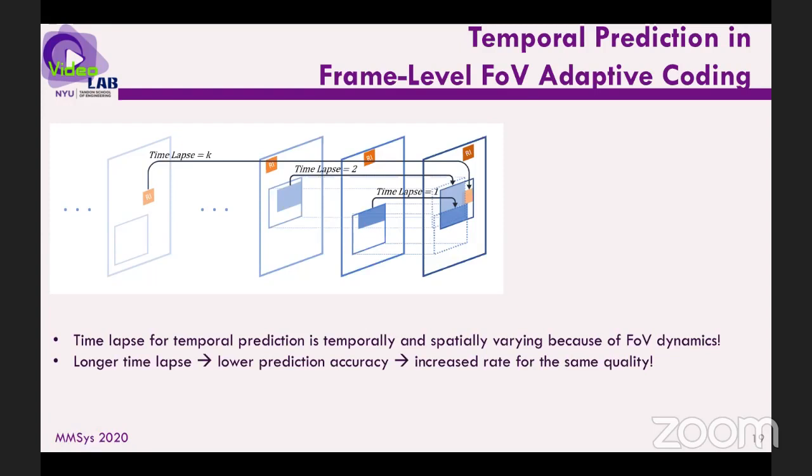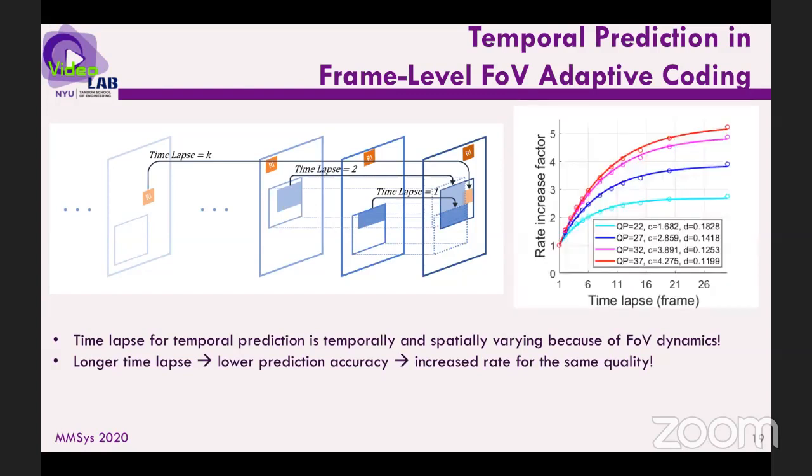A longer time lapse will lead to lower prediction accuracy and hence increased rate for the same quality. We have evaluated the impact of such time lapse on the coding rate. As shown here, the rate increase has an inverse exponential decay relation with the time lapse. So the challenge is, how should we consider such rate increase in FOV adaptive coding?